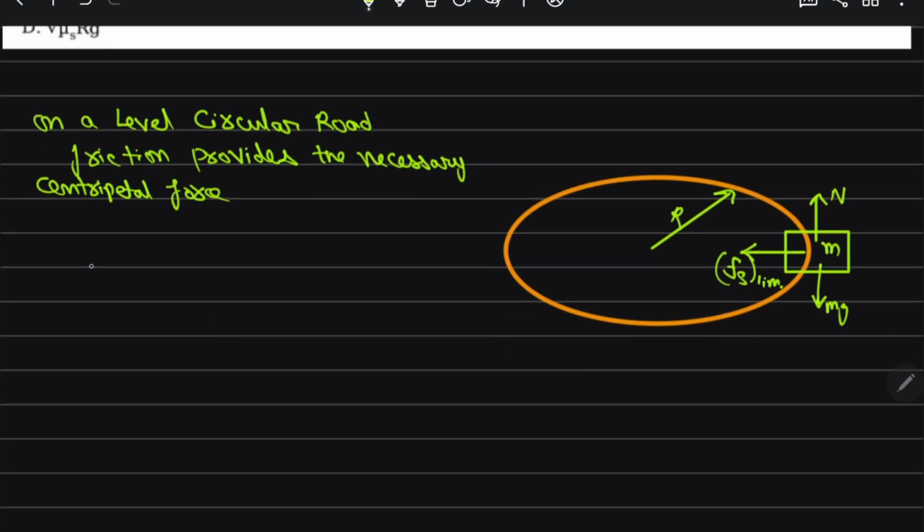So here you see that the necessary centripetal force is provided by friction, and that maximum friction, that is the maximum static friction or limiting friction, is equal to mv square by r.